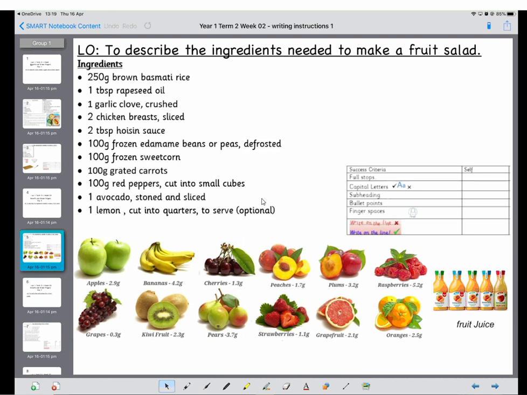Okay, so here is a list of different things that you might include in your ingredients. You could do numbers, or you could just do 1. It's up to you. But ingredients look like this.